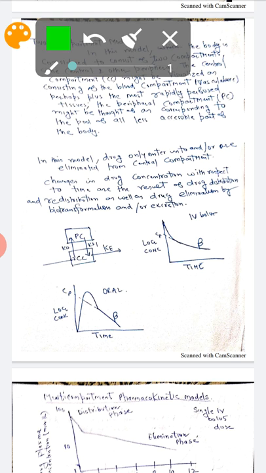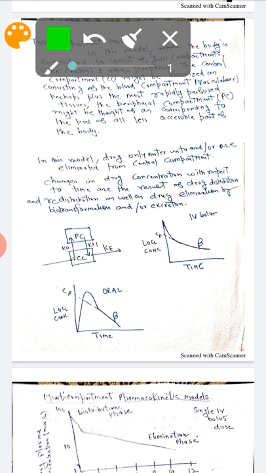So in the case of the 2 compartment model, as the drug is distributing between the central and peripheral compartments, moving from central to peripheral and from peripheral to central, we can say actual distribution is taking place. Since actual distribution is taking place, there are 2 rate constants: the distribution constant and the elimination rate constant.